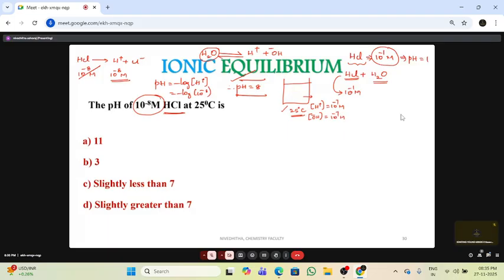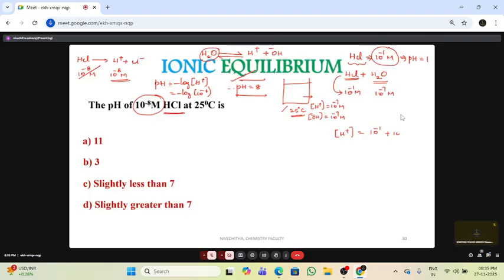Okay. Now we'll come back to this problem. H plus ion from HCl is 10 power minus 1 molarity, and from water we'll be getting 10 power minus 7 molar H plus ion. So what is the total H plus ion in the solution? 10 power minus 1.